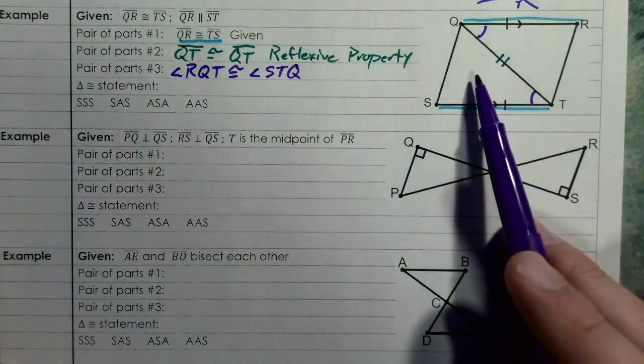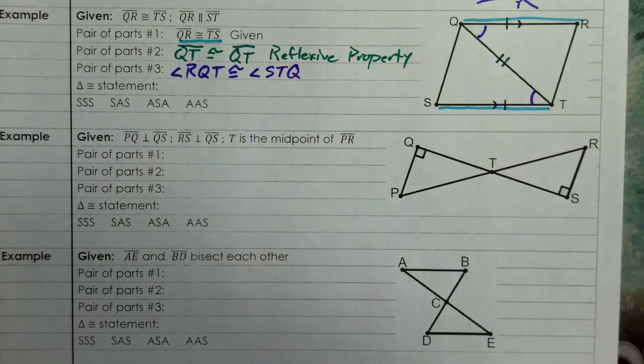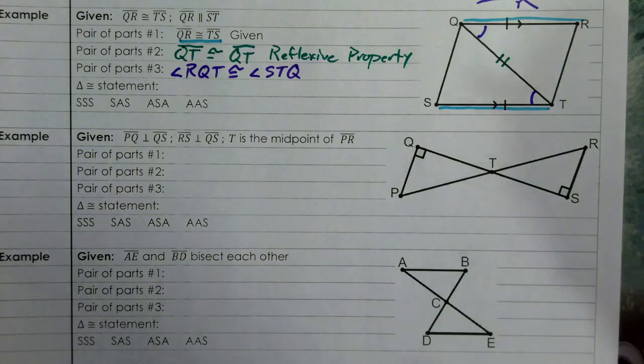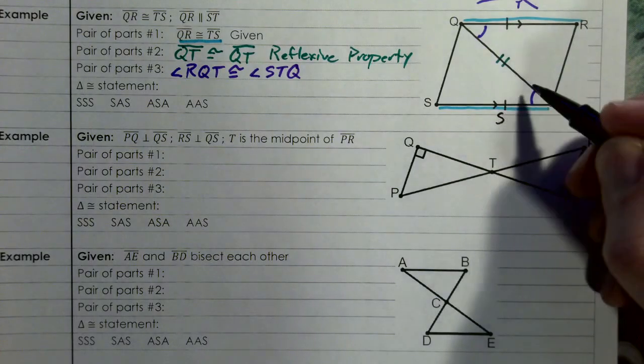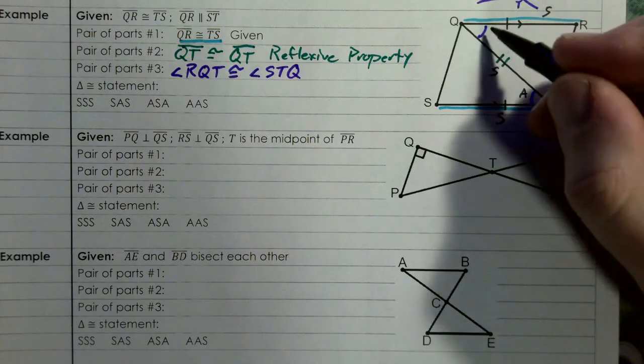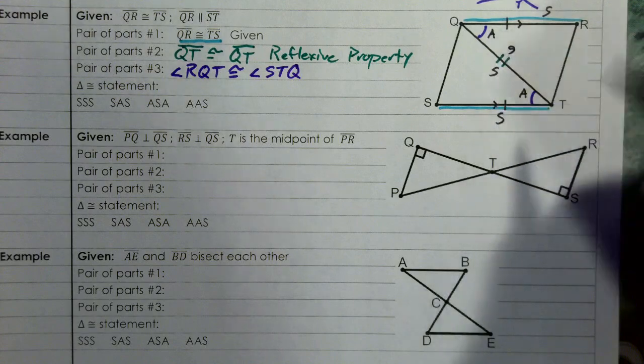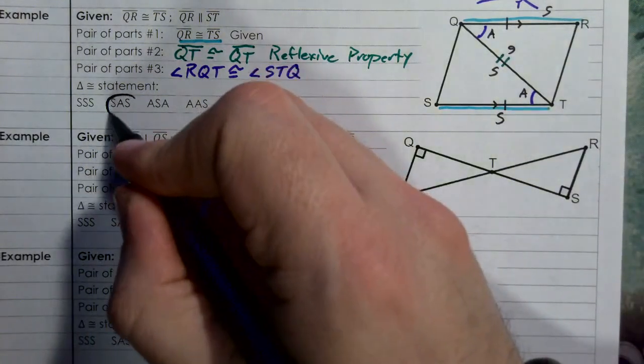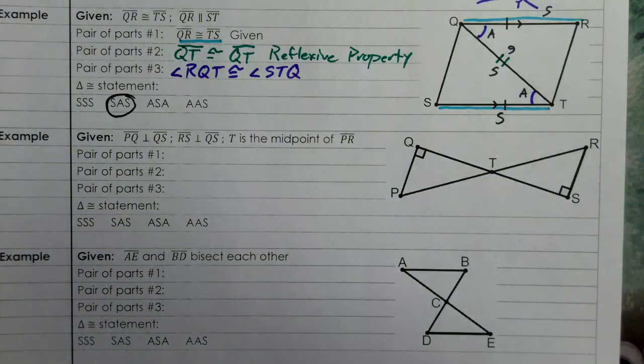So that makes this triangle and this triangle congruent, and I'm using a pair of sides, a pair of angles, and a pair of sides. So it was side, angle, side, doing the same thing over here, side, angle, side. So we're using side, angle, side to prove our triangles as congruent.